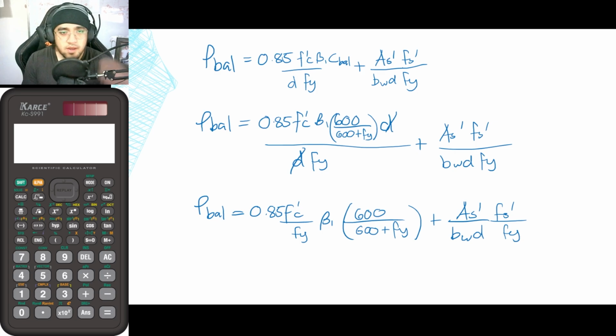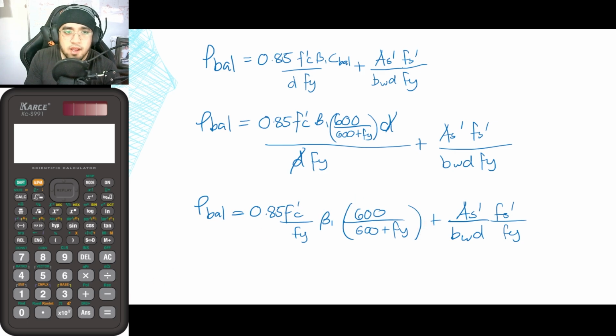Okay, so as you can see, this part of our equation here is very familiar. So I think that this is simply the rho balance for SRB. So in order for you to better remember this rho balance for DRB, just add this particular term to the rho balance for SRB, okay?